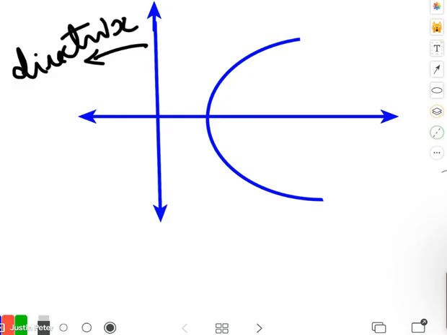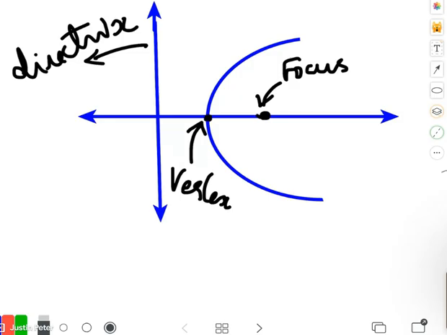What is that line called? Is it a fixed or moving line? Fixed line. And the focus, this point is your focus. And this point is called the vertex. And this line is going to be the axis. Is this clear?